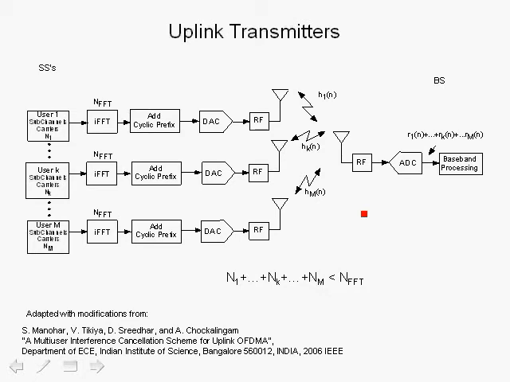And finally, there are carrier offset issues between the different subscriber stations and the base station. And of course, through signal processing, the base station has to adjust for the carrier offset. That's where each subscriber station sends its own preamble, or its own set of pilots that are used to also track any residual carrier offset.